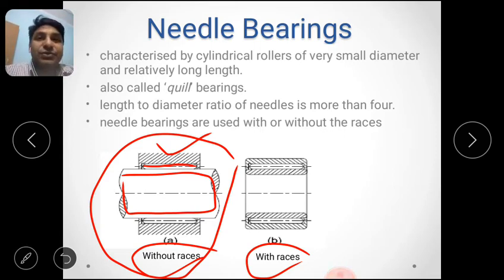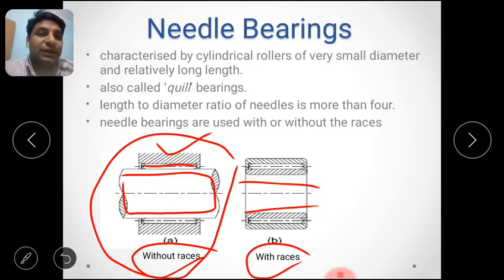In the cross-sectional figure with races, this is your outer race, and this would be your inner race. In between outer race and inner race, this is your needle. So it can be used with or without races, but mostly it is used without races.